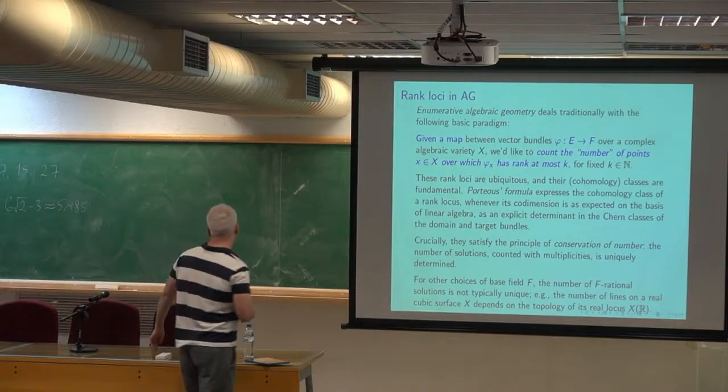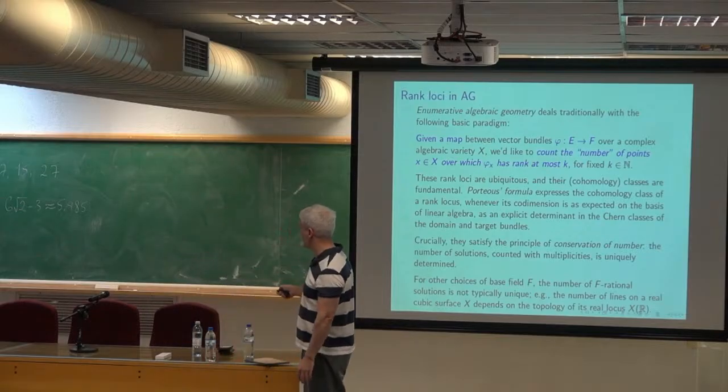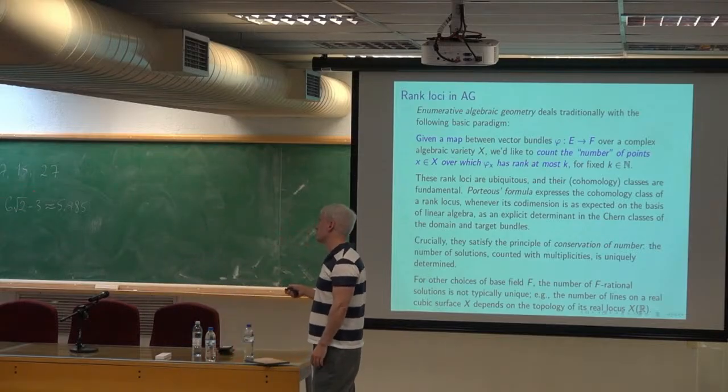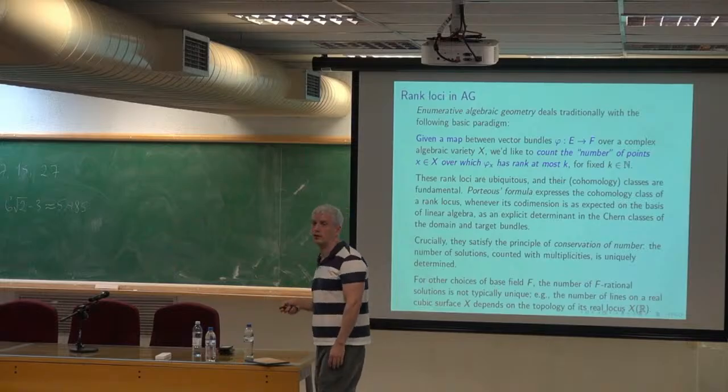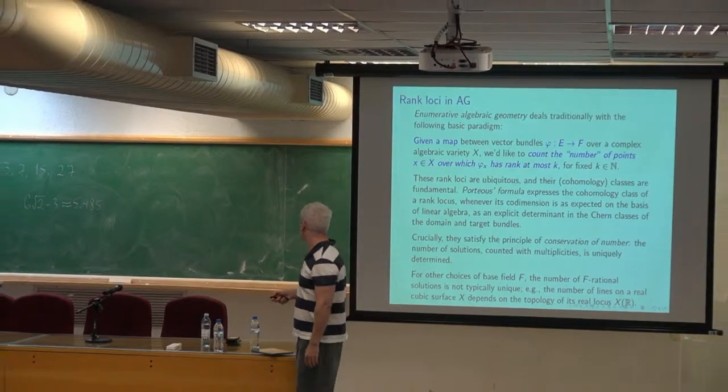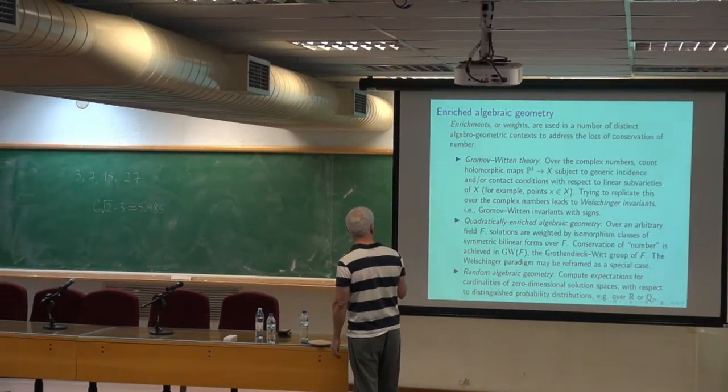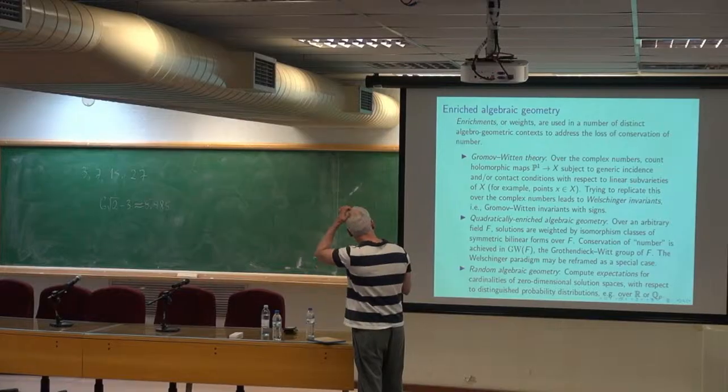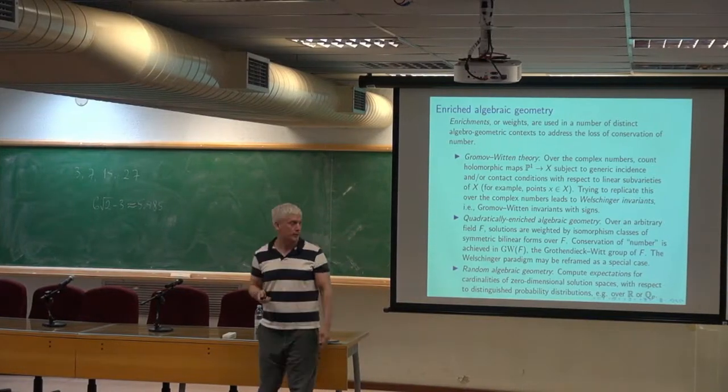So that brings me to the numbers on this board. For a real cubic surface, you can see 11, 15, or 27 lines. Okay, so I just want to contextualize this a little bit more.